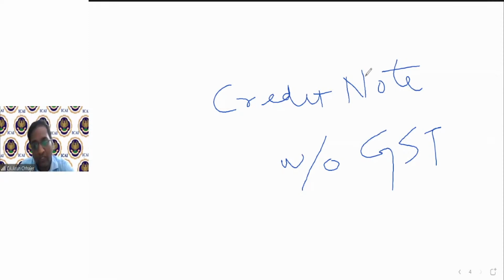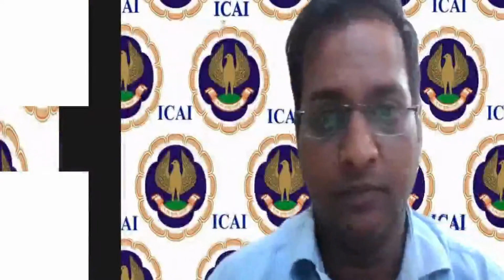No. I'm saying a credit note without GST is called a commercial credit note. GST will not be charged on a commercial credit note, because it is without GST. Is it clear?